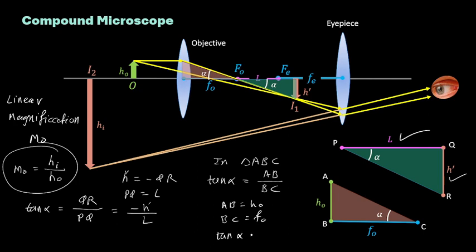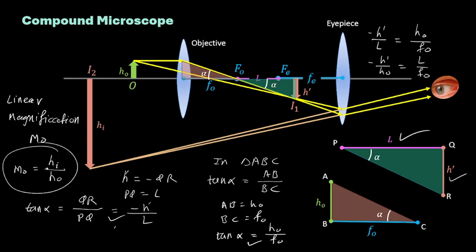Substituting for them gives us tan alpha equal to HO upon FO. Now this is tan alpha and this is also tan alpha. So we equate negative H dash by L with HO upon FO. This gives us negative H dash upon HO equal L upon FO.